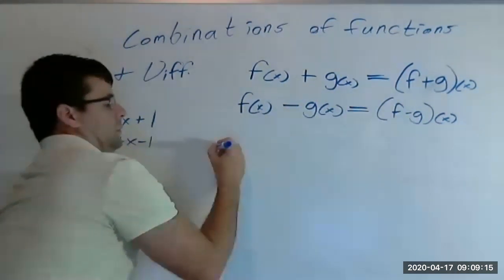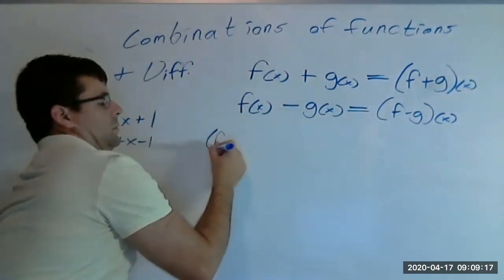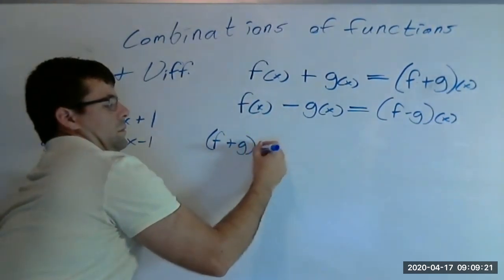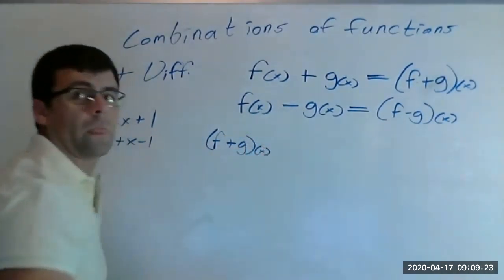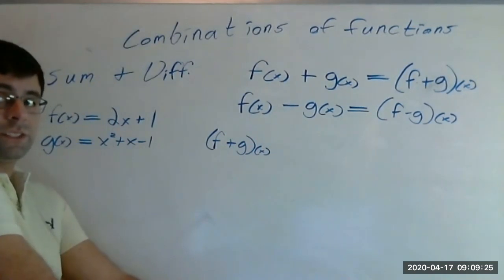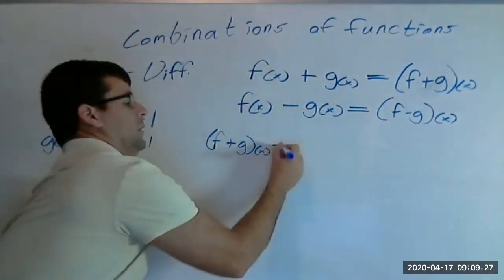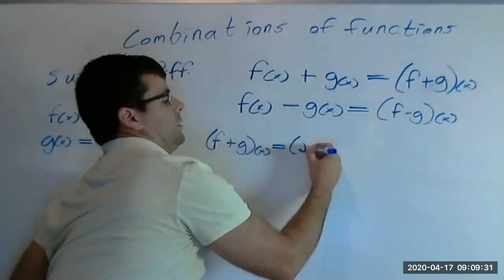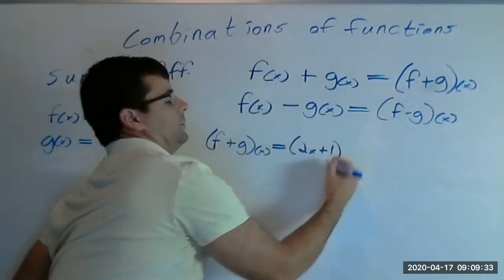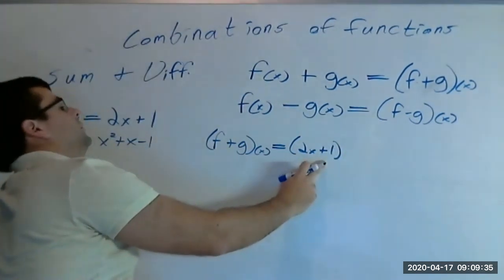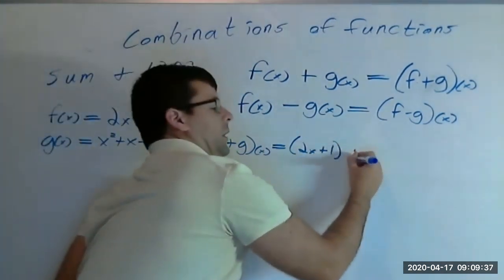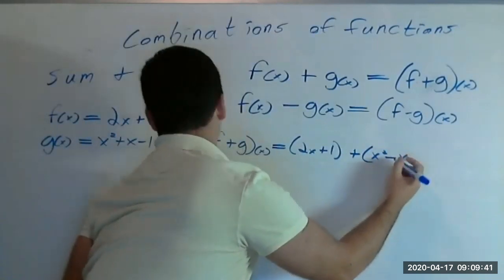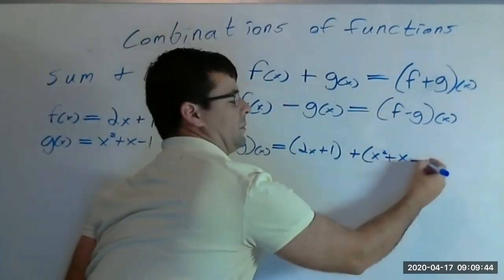So f plus g of x equals 2x plus 1, because that's f of x, plus x squared plus x minus 1.